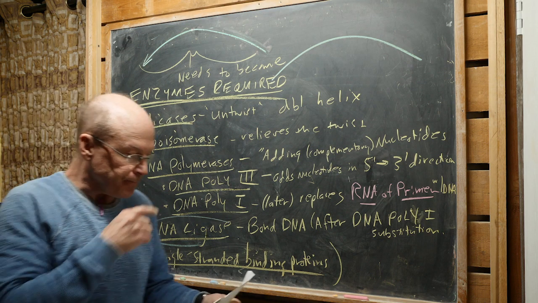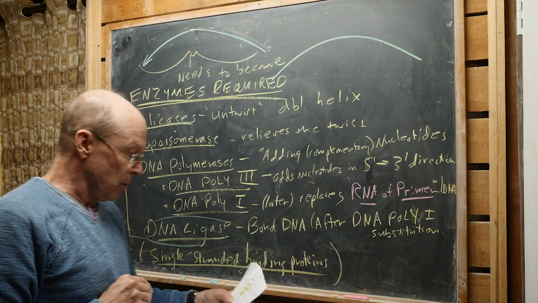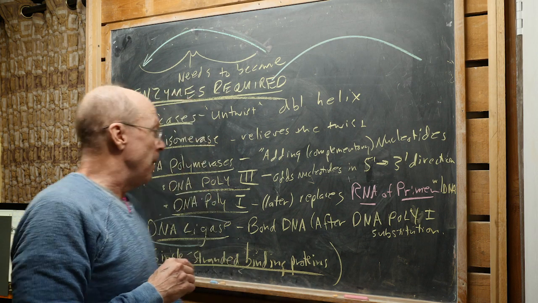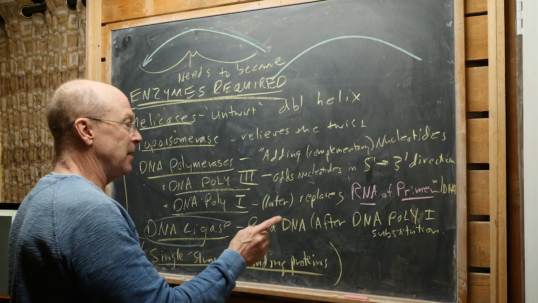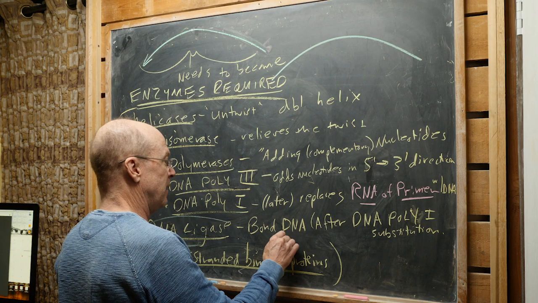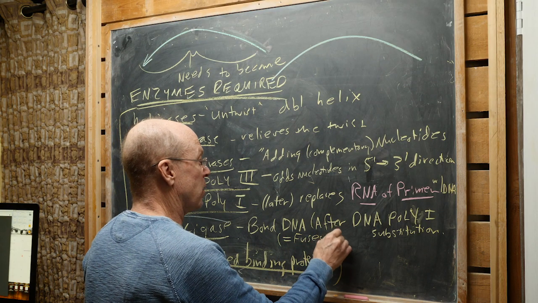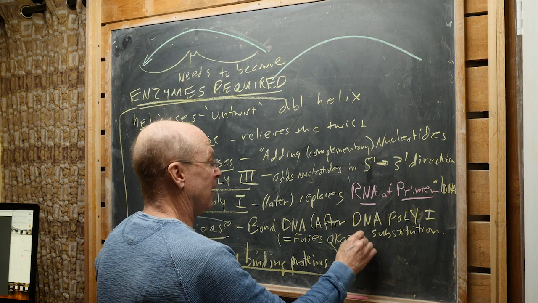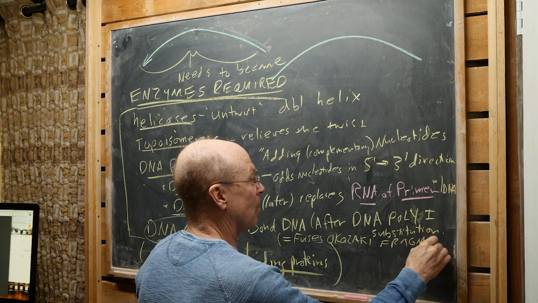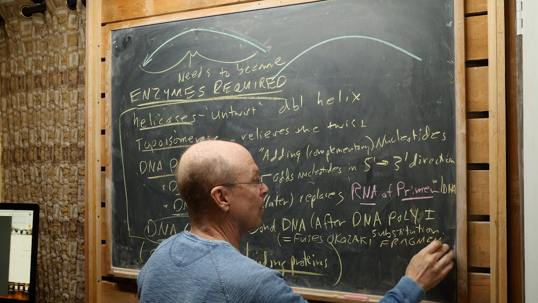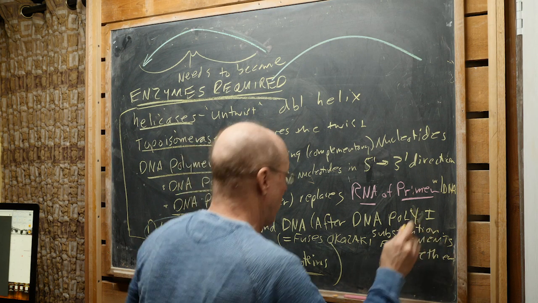All right, that's exciting. Oh, did I talk? Yeah, I did talk. Okay. I think one thing I should do about DNA ligase is that it essentially fuses Okazaki fragments together. There we have it. Okay.